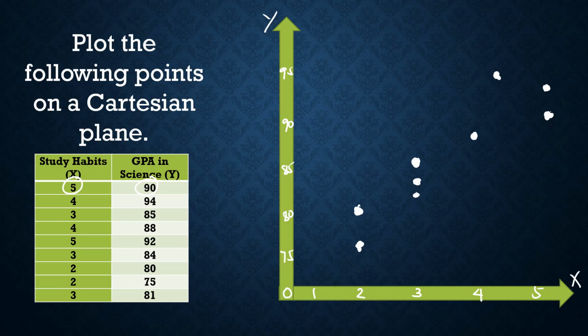So here is the scatter plot of the given data pertaining to the relationship between the study habits and GPA in science of grade 9 students. As we take a look at the illustration of our scatter plot, the points are going upward. Since the points are going upward, it implies the direction is positive. Now let's take a look at the strength. Is it low, high, or perfect?